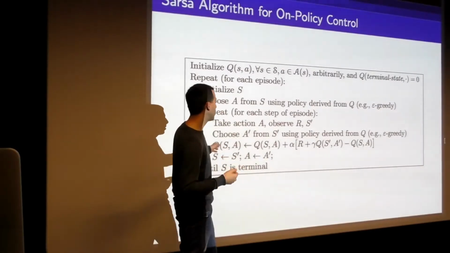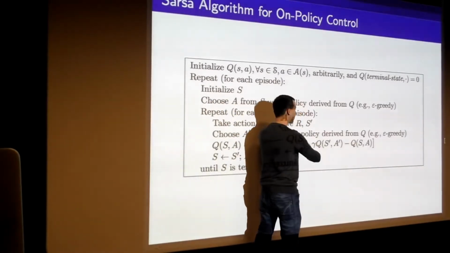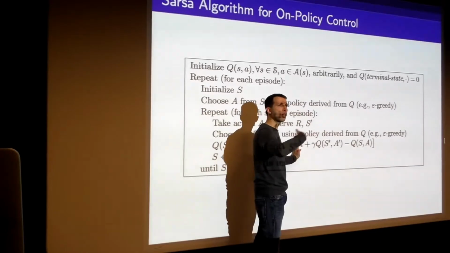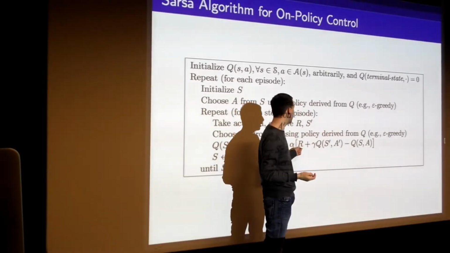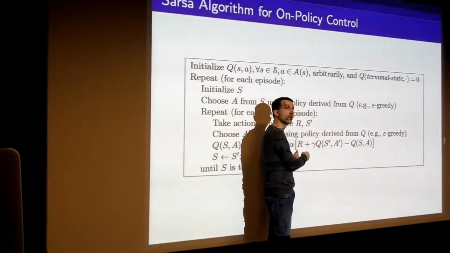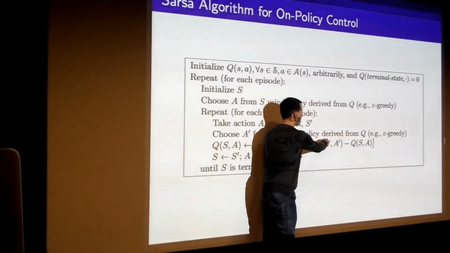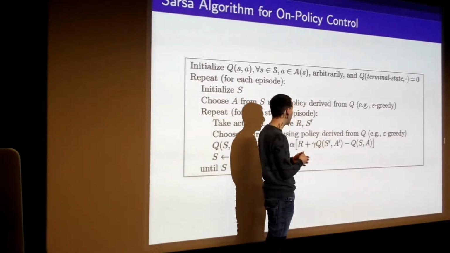Really what we're trying to do, this is just a sample of the Bellman equation. This right-hand side that we're moving towards, this target, is a sample of the Bellman equation. We're basically saying we want to consider an expectation over everything which happens in the environment over one step, which basically is the reward plus whatever state you end up in next. So that gives you your expectation over the environment.